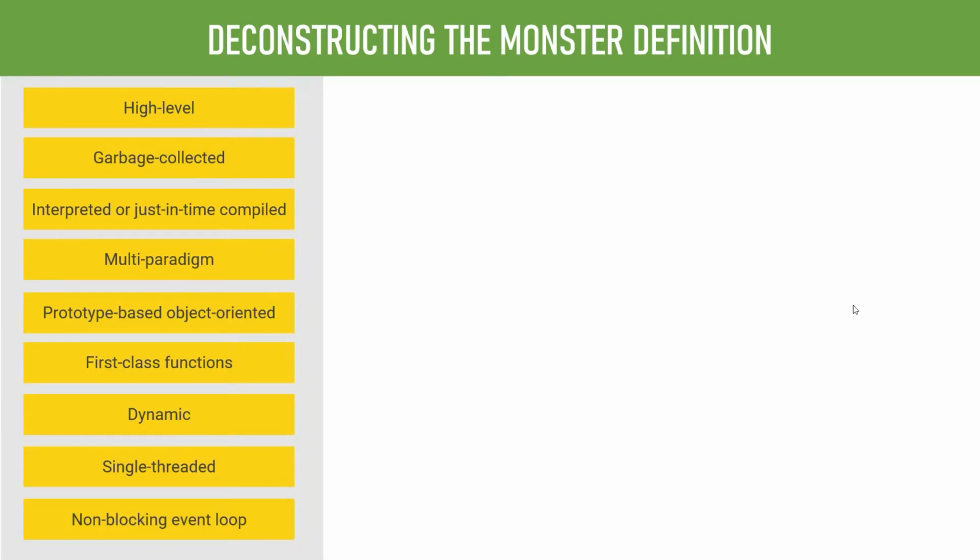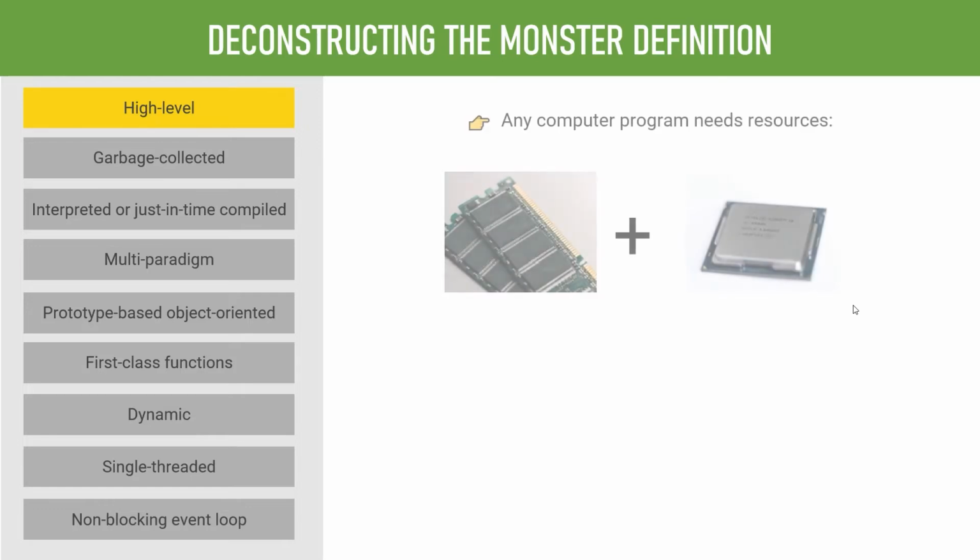So these are the 9 JavaScript topics that we are briefly gonna talk about in this video, slightly ordered. And starting with the high level part, as you may already know, every program that runs on your computer needs some hardware resources, such as memory and the CPU, to do its work.